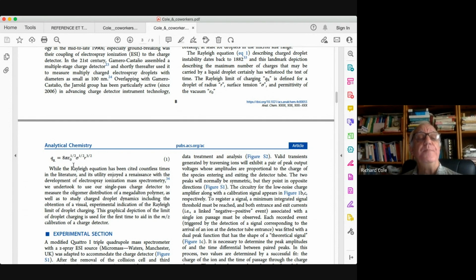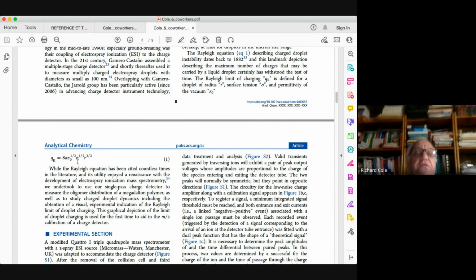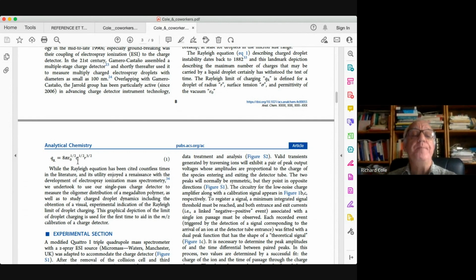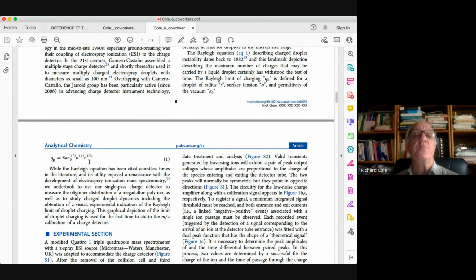So basically, what we notice here is that we've got a bunch of constants. For pure methanol, sigma is simply the surface tension of methanol. But our charge is going to be directly proportional to the radius of our droplets to the 3/2.